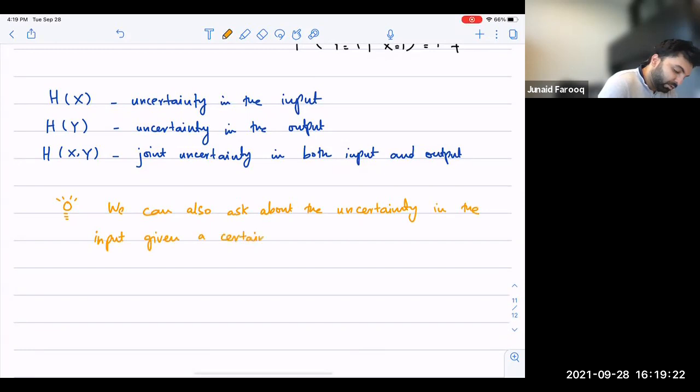That's a more interesting question to ask because we sent some X and we received a Y. So if we received a certain value of Y, what is the uncertainty in X that is remaining? So does the Y help you discover what the original information was, given a certain output?